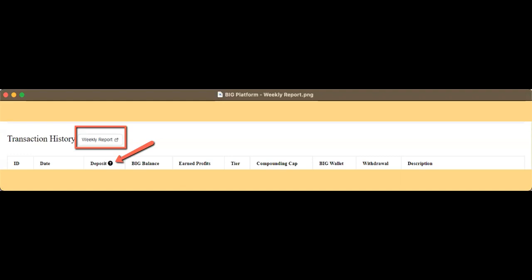So when you get to the deposits part, you actually had to go through and manually add up each deposit, including your contributions. So now all you have to do is hover your mouse over that question mark and you will see your total deposits without having to go through and add up anything.